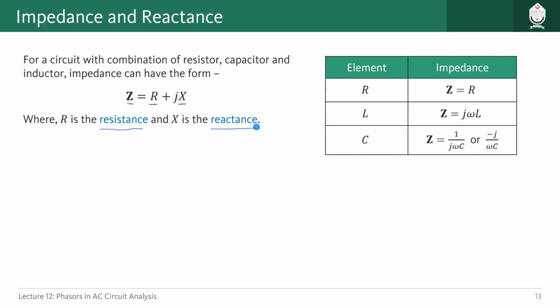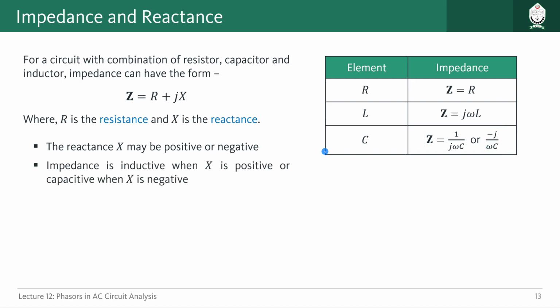We can have different amounts of inductors and capacitors interconnected with each other, and as a result the reactance value X can be positive or negative, because we said the impedance of a capacitor can be represented like this, so impedance can have a negative value. If a circuit has more capacitance than inductance, obviously the value of reactance X will be negative.